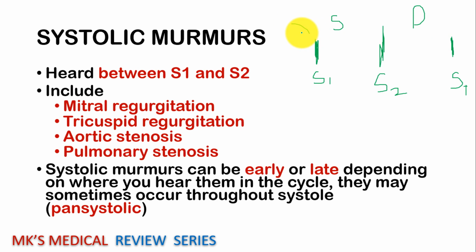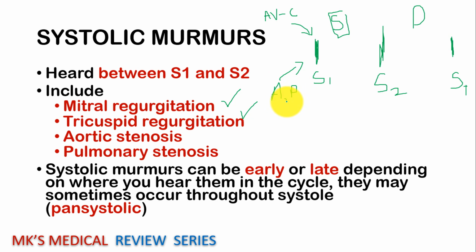Remember that at S1, you're going to have the AV valves, atrioventricular valves, closing. So if they do not close very well, if they are insufficient, you're going to get a systolic murmur. Mitral regurgitation and tricuspid regurgitation are going to give you systolic murmurs. On the other hand, the other valves that are opening are the semilunar valves, the aortic valve and the pulmonary valve.